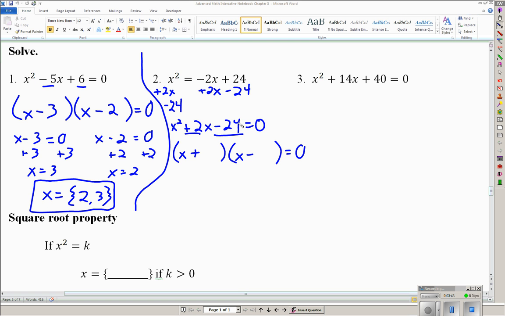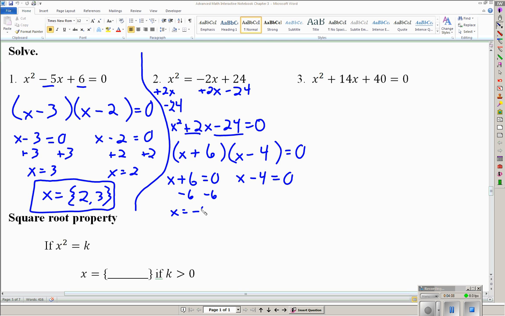8 and 3 get a 24, but they don't get a 2. 6 and 4 get a 24, and they do get a 2. 6 times negative 4 is negative 24. 6 plus negative 4 is 2, so that's our factors. X plus 6 equals 0, and x minus 4 equals 0. Solve each one.